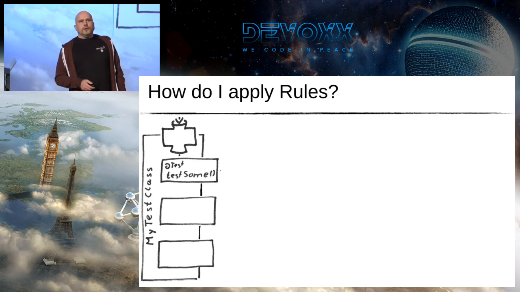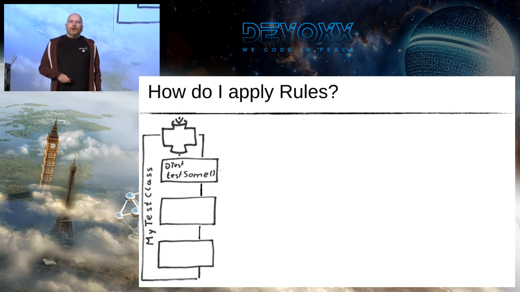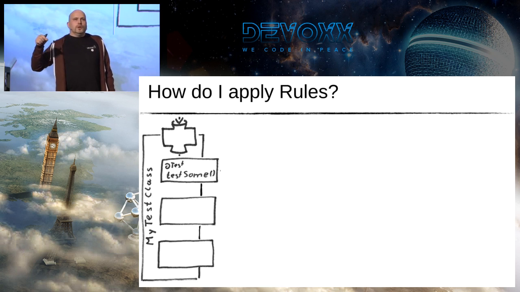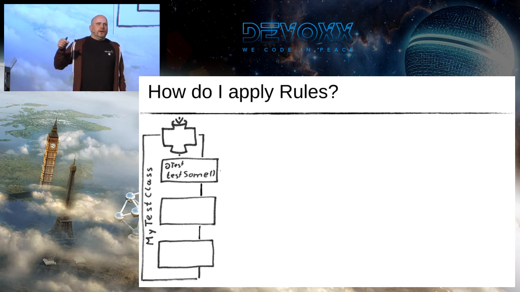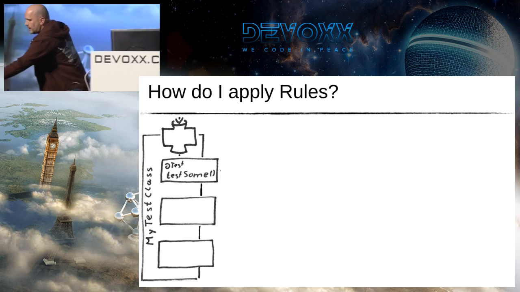Just a public field typed as TestRule or as a type inherited from TestRule and annotated with @Rule. That's it. Now all the tests in my test class get sent through that rule, and in that rule I have the option to manipulate this test. So what kind of manipulations do we get in these rules?